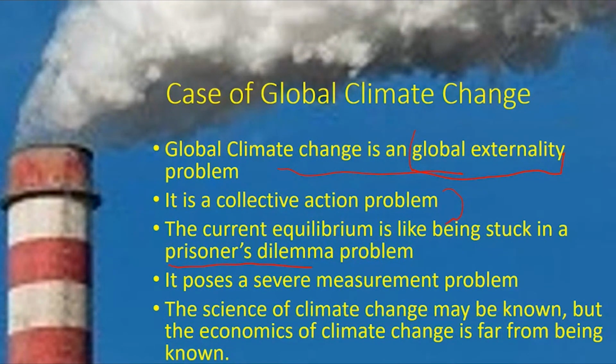It's like being stuck in a prisoner's dilemma problem, which we talked about earlier in the course, because each individual actor and country has their own best interest in mind when they just ignore the problem and free ride on the collective action issue. So everybody, if left to their own devices, is going to be inclined to not do anything about this problem, because it's in their individual best interest.